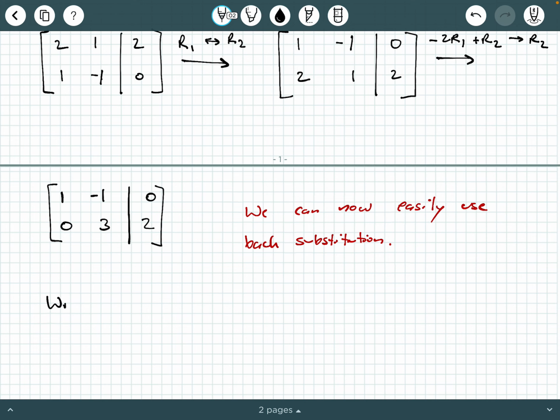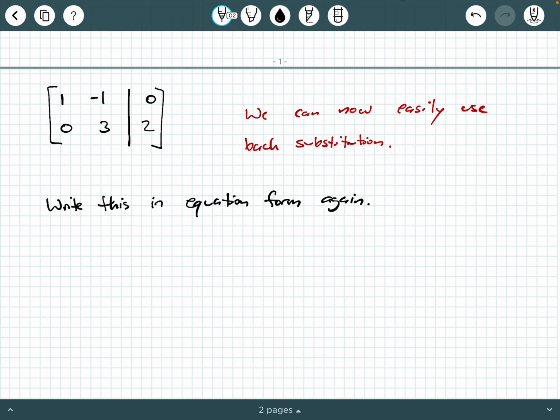I'm going to write this in equation form again. Back in equation form, I now have x minus y equals 0, and 3y equals 2, okay? Remember, these still represent coefficients of variables on the left of the partition, and the right of the partition represents constants on the right of an equal sign.